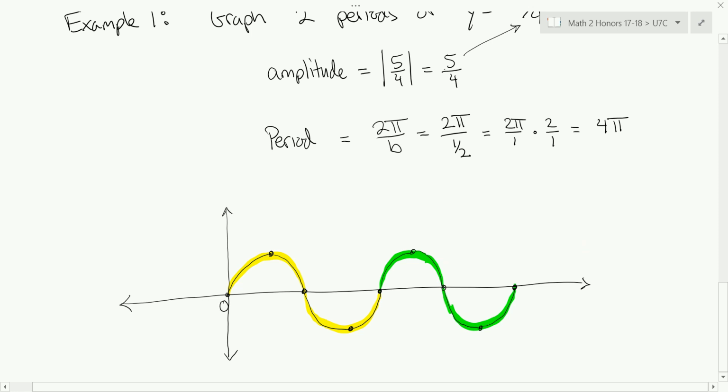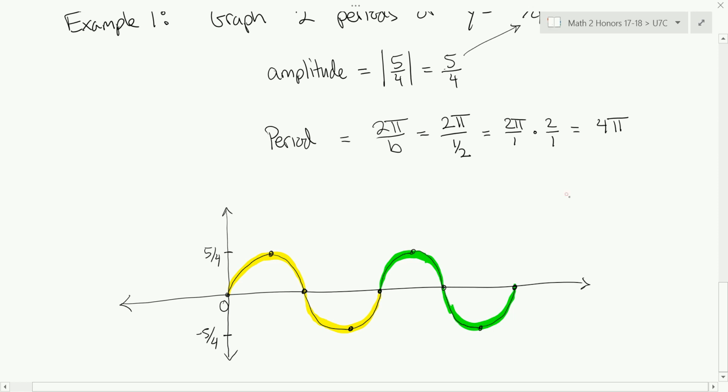And then it's easy to put the amplitude on here. What's the max here, right here? How high does this thing go? 5/4. And how low does it go? -5/4. Okay.